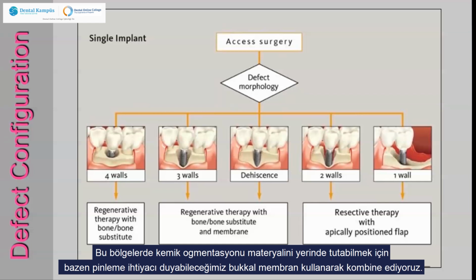In those areas, we may combine the use of a bone augmentation material with the use of a buccal membrane that you may have to pin to be able to sit there and really keep your bone augmentation material over the dehiscent type of defect on the buccal side.